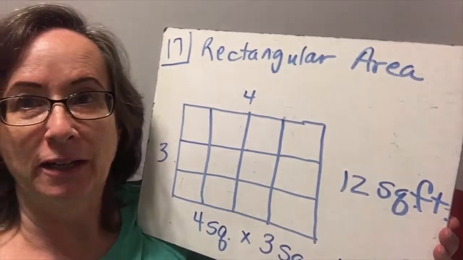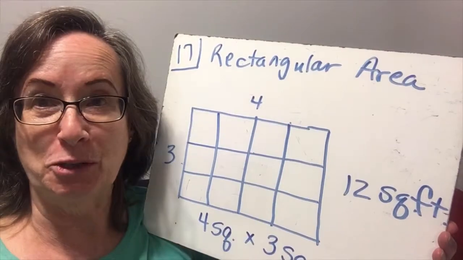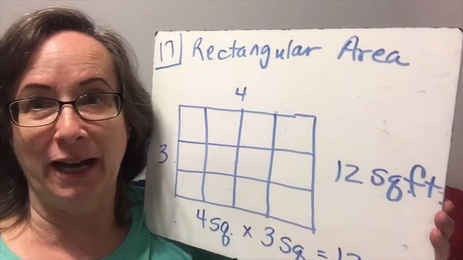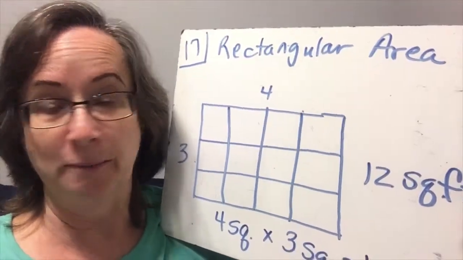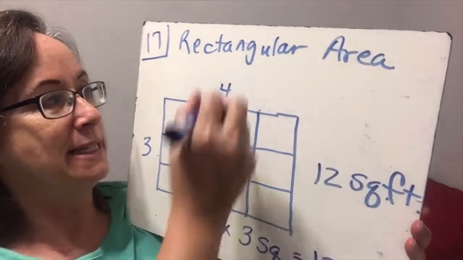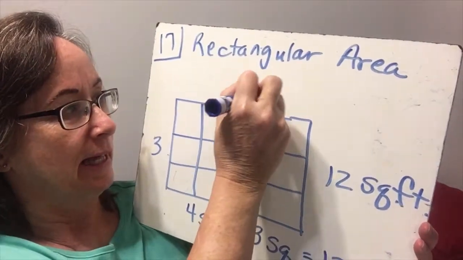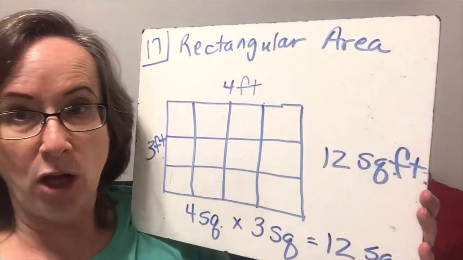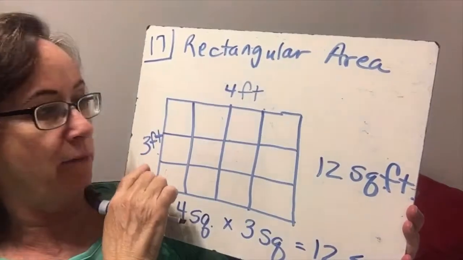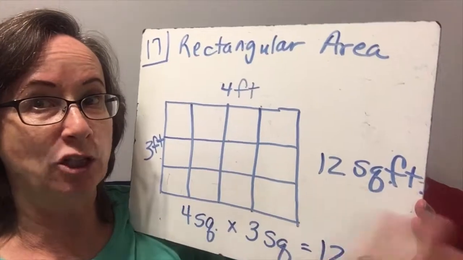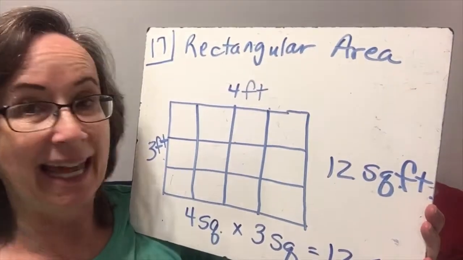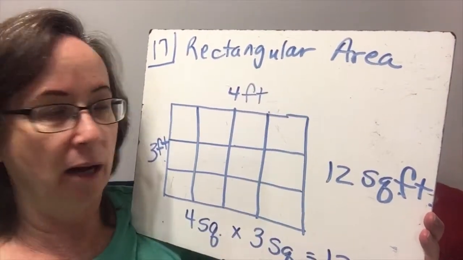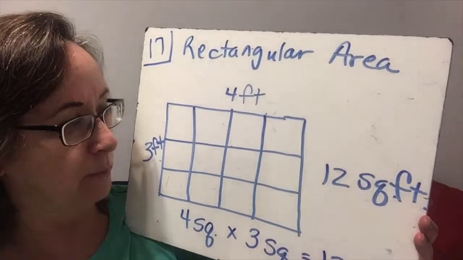It's hard to think about it when you don't use the word area, but I'm defining the word area, so I really shouldn't use the word. So this is 4 feet, and this is 3 feet. We have a small room, 4 feet by 3 feet, and we want to know how much carpet we need to lay on this floor.